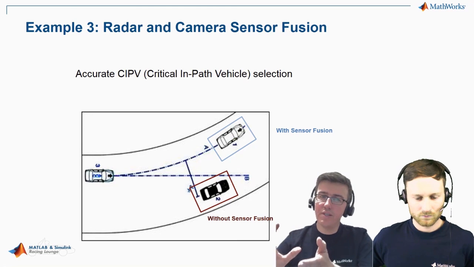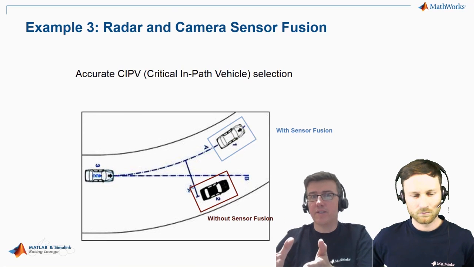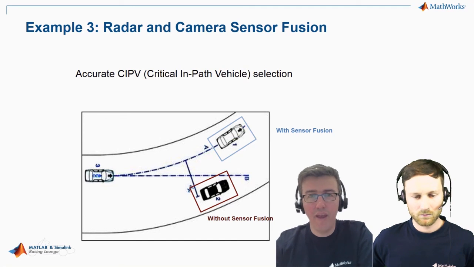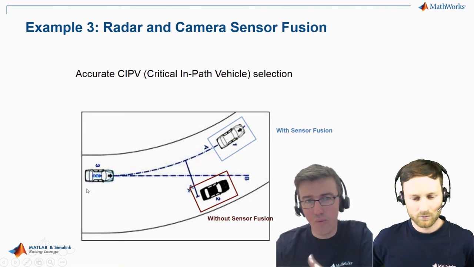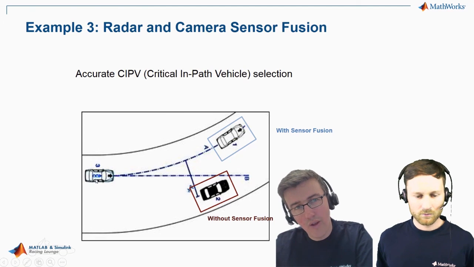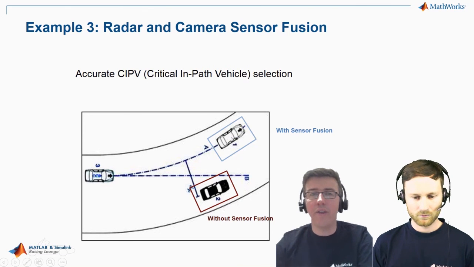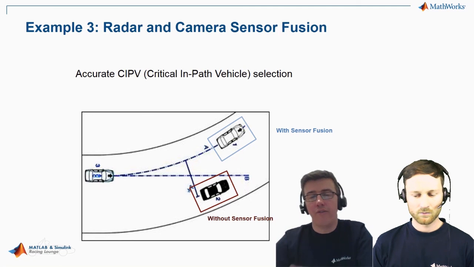I have to focus on this vehicle to be able to make my decision, to be able to set my desired speed. And actually, if we have a look at the picture, we see we are on a curve, and so this car is in the same lane as this car. And actually, this is the relevant vehicle for me. This is a situation in which the radar information could be not enough.